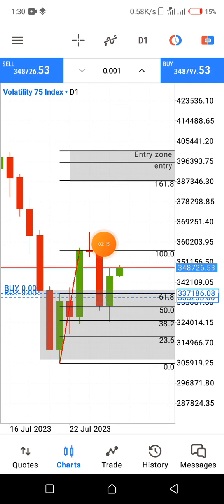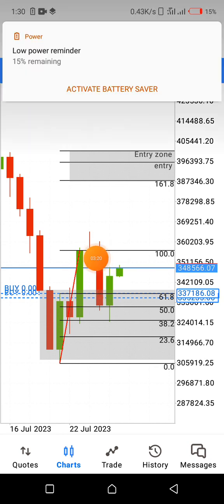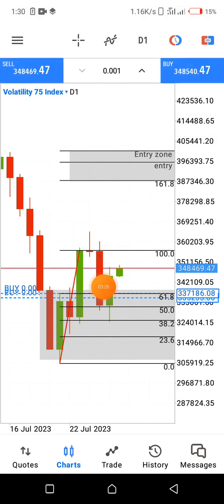Now if you watch the first video, you understand exactly what is happening here. We had the break, we had the breakout, and then a retracement to the zone. Now we are heading to 161.8, and that's basically what the dominant break means. I will still make another video on this, and hopefully that one will be a breakout and then continuation immediately without any retracement.